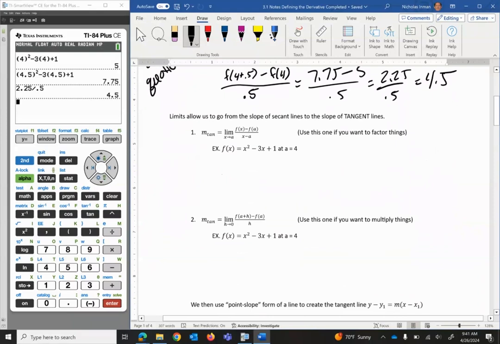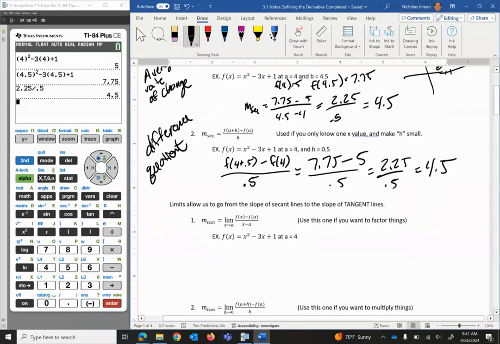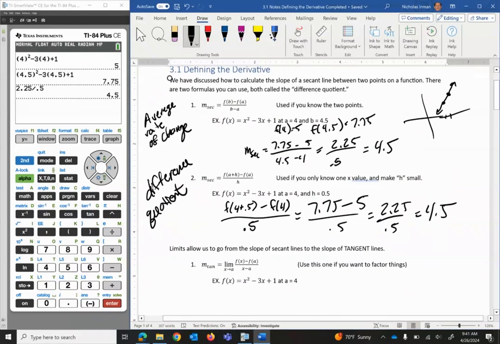Now, limits, what we just took a test on, allow us to go from two points that are 0.5 apart to making that distance much, much, much smaller. We have the two points approach each other.